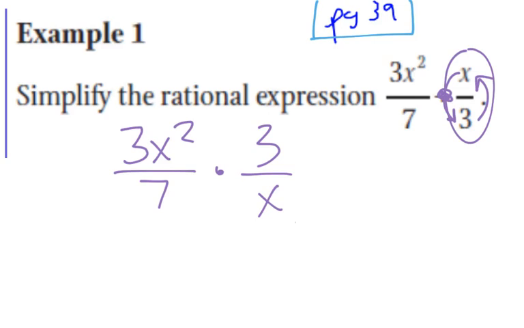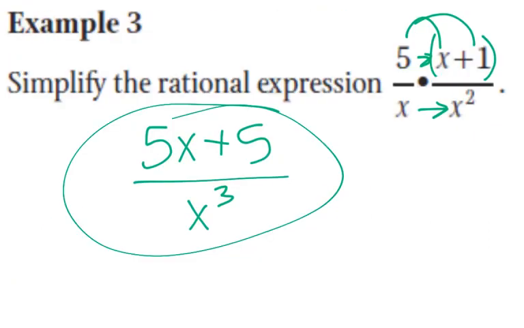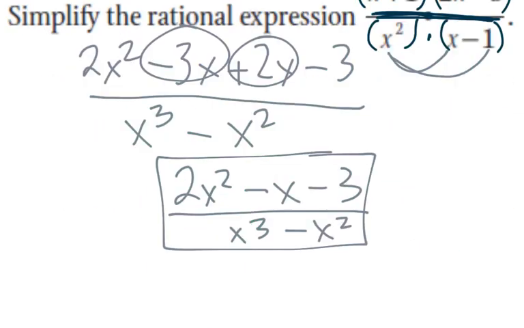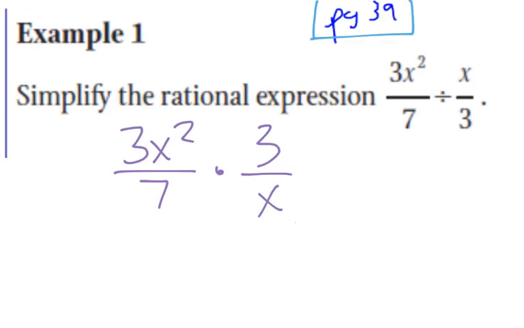Now, one thing to note. Back here, we often tried to eliminate things as we could, before we really got going. Here, we can't. We have to flip it before we eliminate. So I can't say these 3's cancel out, because this is division, and we can't do that with division.